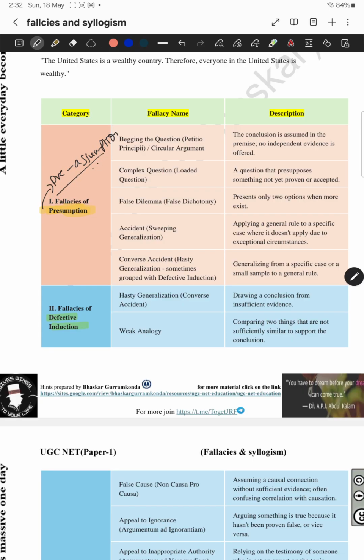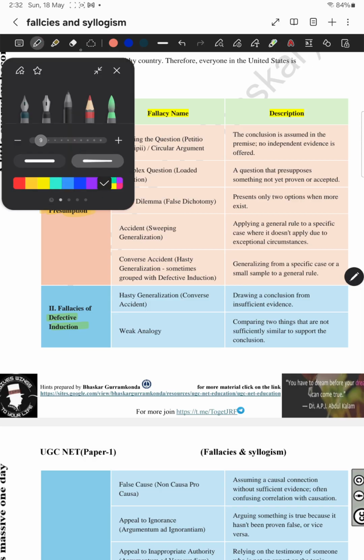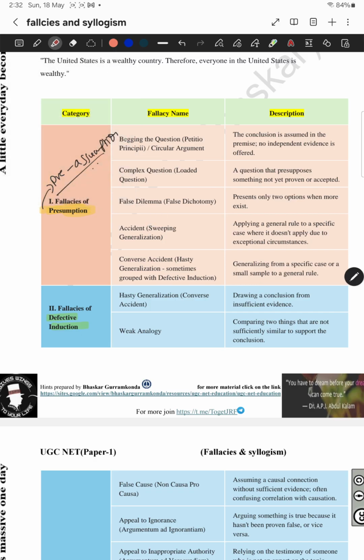In this pre-assumption we'll get first begging the question, where you will be seeing most of the time the begging the question fallacy only, and complex questioning, false dilemma, fallacy of accident, fallacy of converse accident.